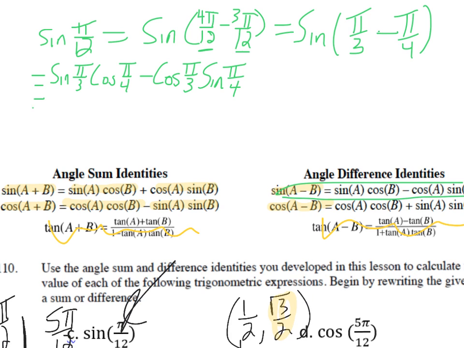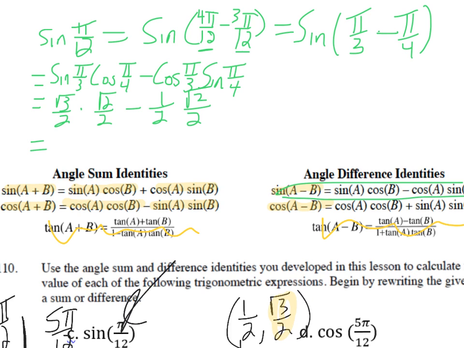We know that the sine of pi over 3 is the square root of 3 over 2. The cosine of pi over 4 is the square root of 2 over 2, minus the cosine of pi over 3, which is 1/2, times the sine of pi over 4, which is the square root of 2 over 2.